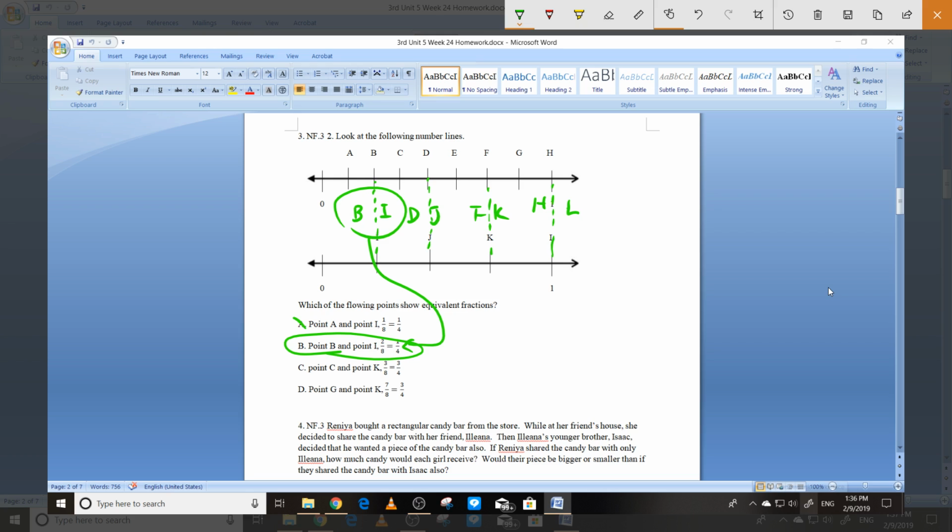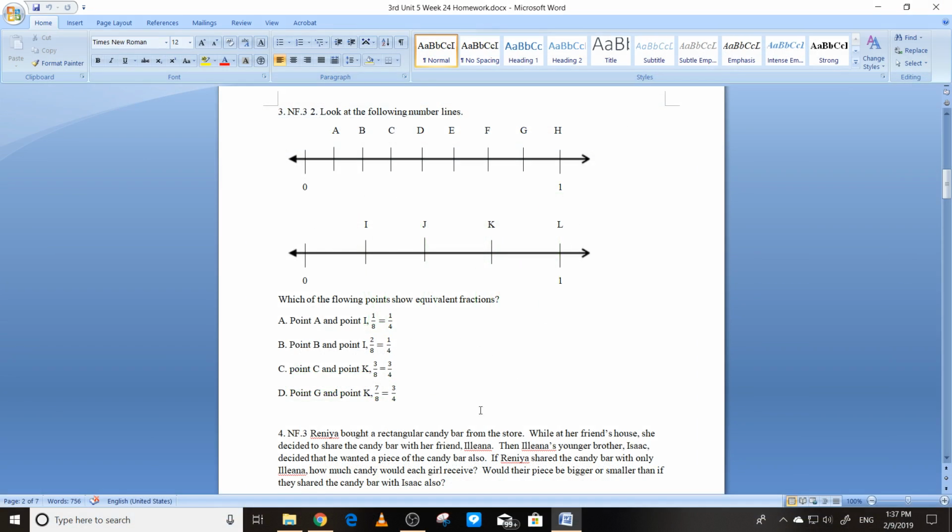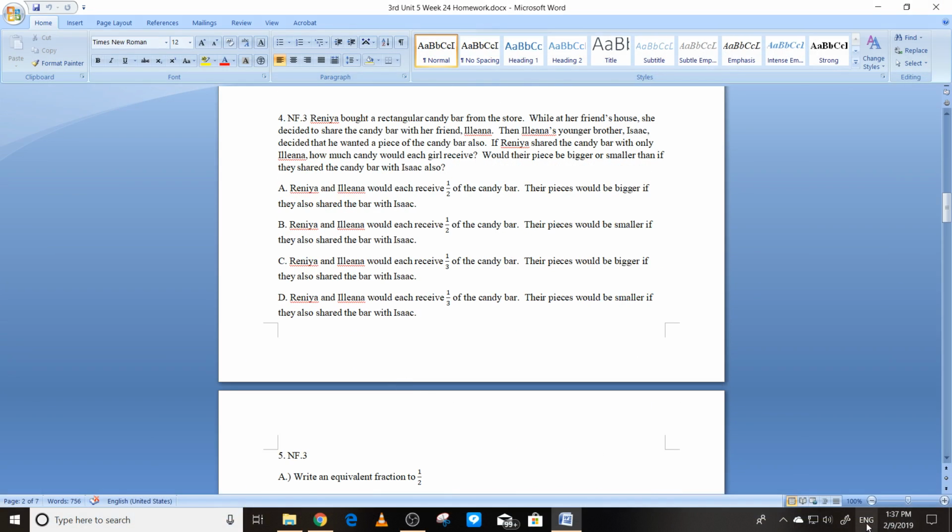You just have to line the points up and make sure that the letter on top and bottom are all present in your answer, right? Because it's talking about equivalent fractions. Equivalent fractions means these two will line up. If they don't line up, then they're not equivalent. See? All right. So let's take a look at number 4.